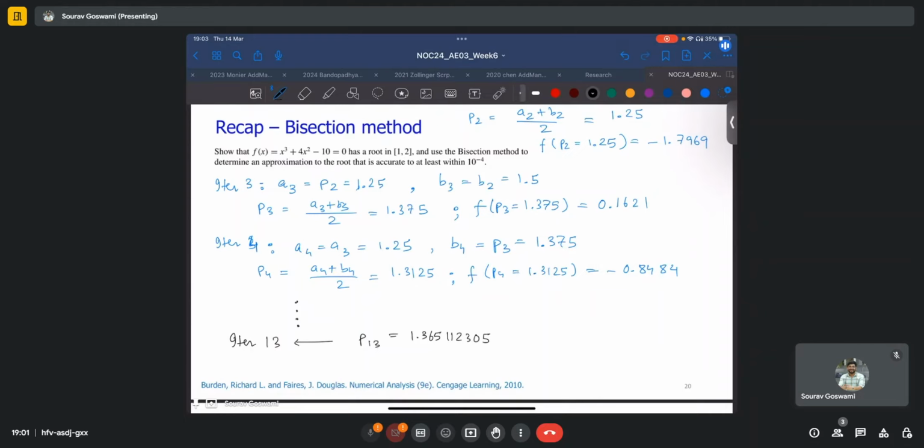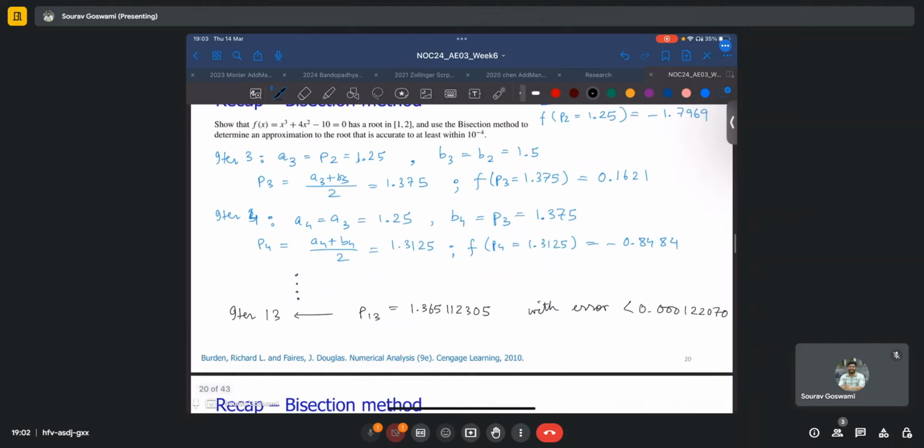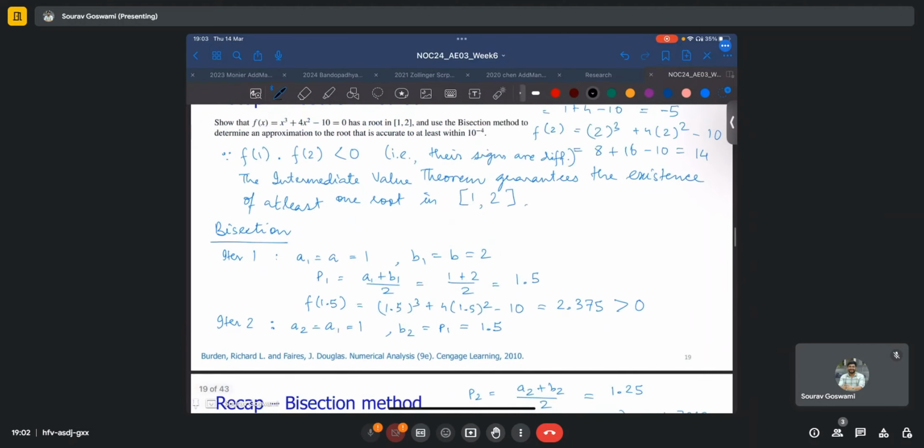And this root will be within an error of 0.000122070. And this will ultimately be our root.